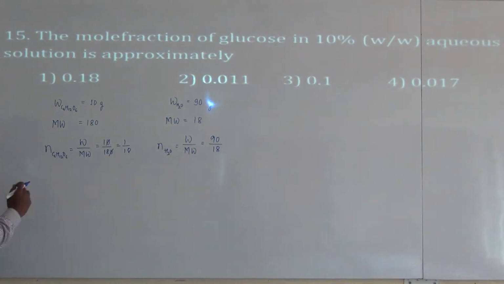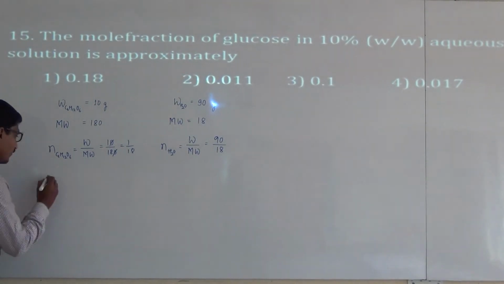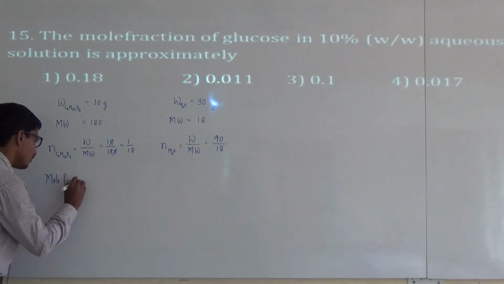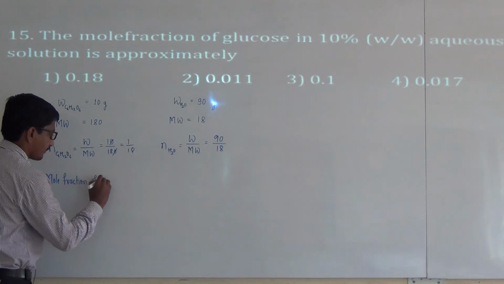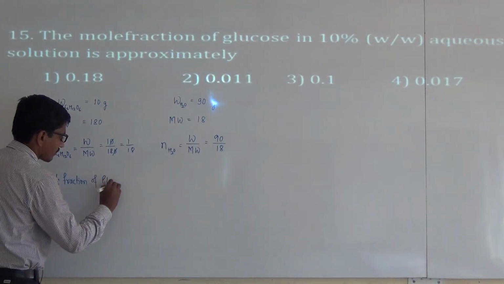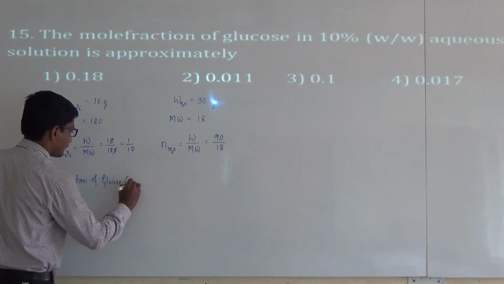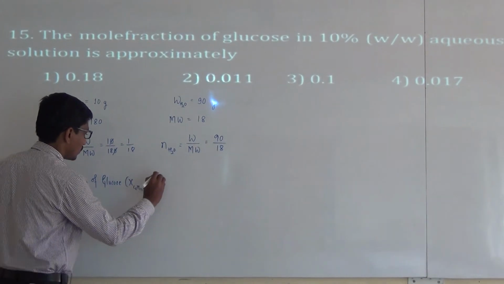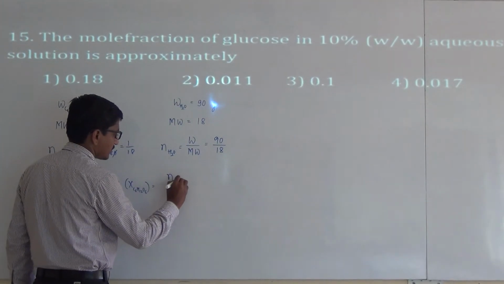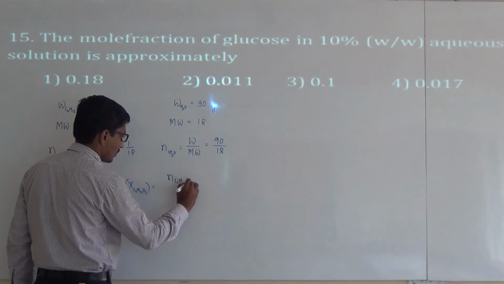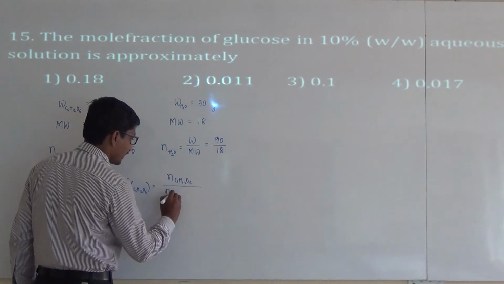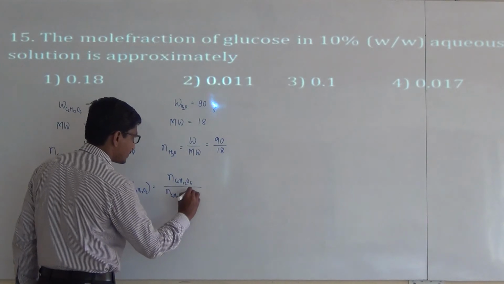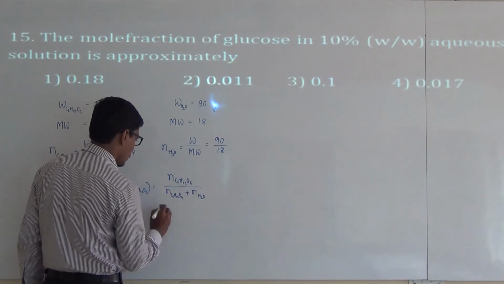From this, we have to calculate the mole fraction of glucose. Mole fraction of glucose, C6H12O6, is equal to NC6H12O6 divided by NC6H12O6 plus NH2O.